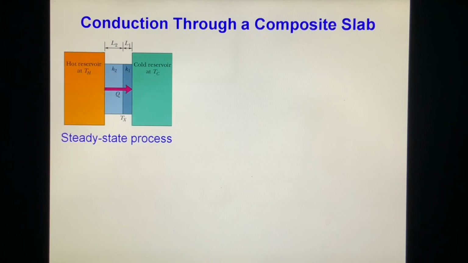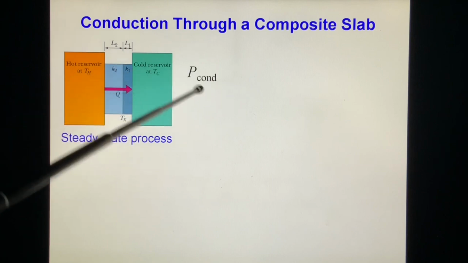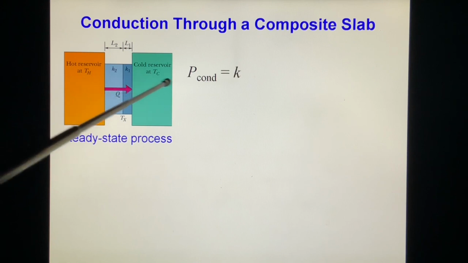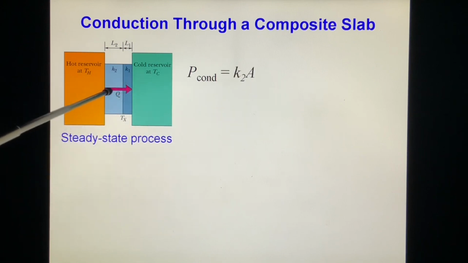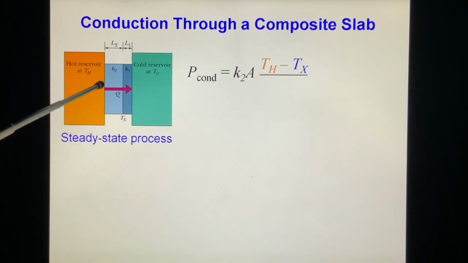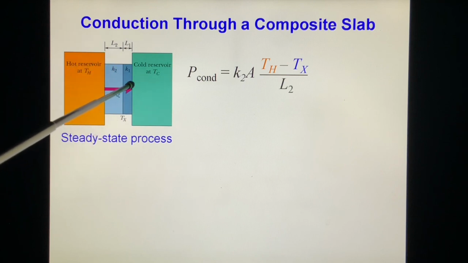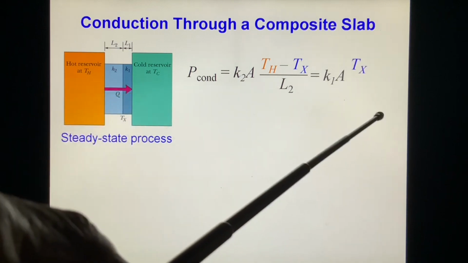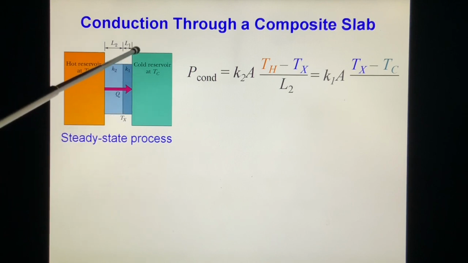In this case, we write the heat conducted passing through slab 2 as K2 A (TH minus Tx) over L2, equal to K1 A, this is just (Tx minus TC) over L1.